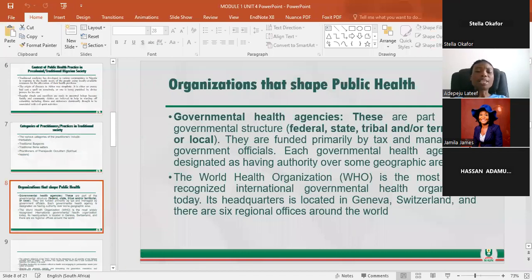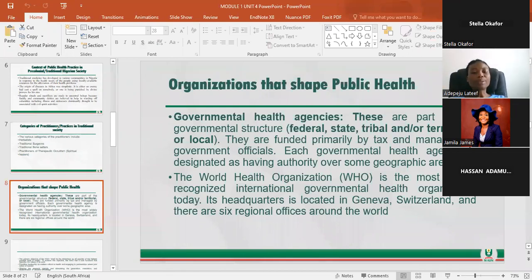So we've seen that, and we know that globally, we have the World Health Organization. The health agency controlling all the countries in the world is the World Health Organization.